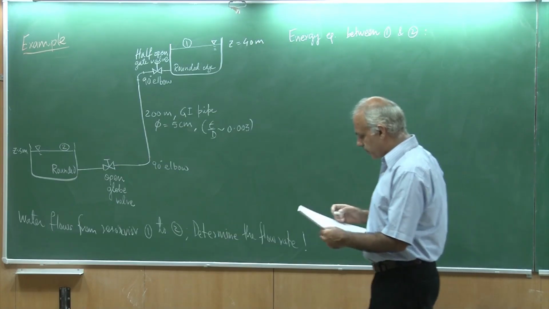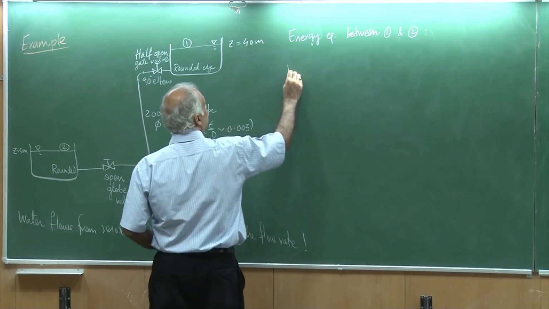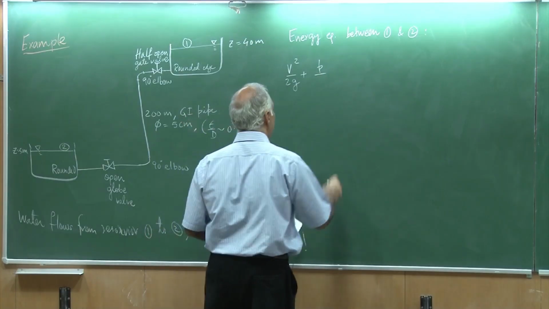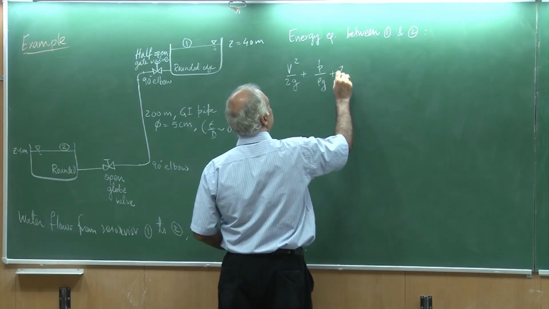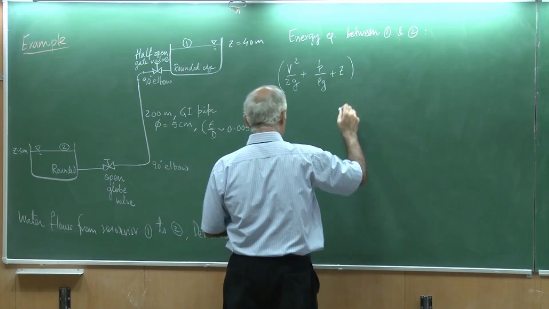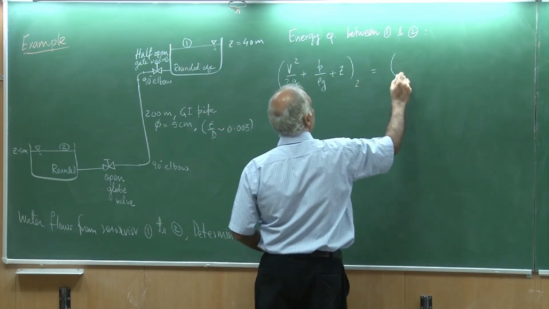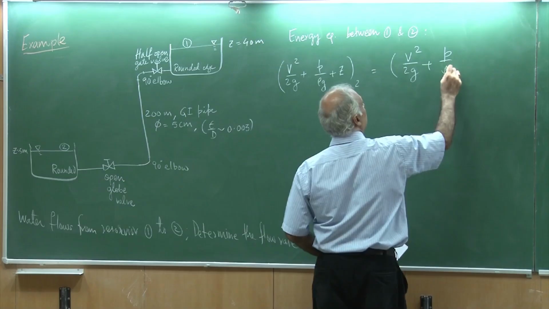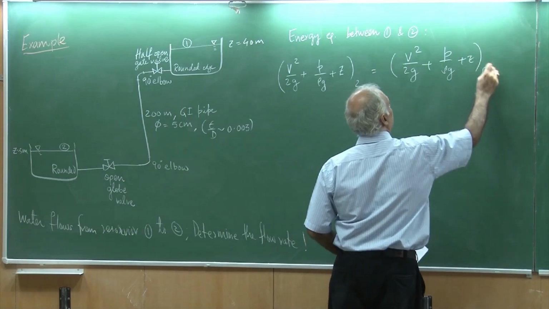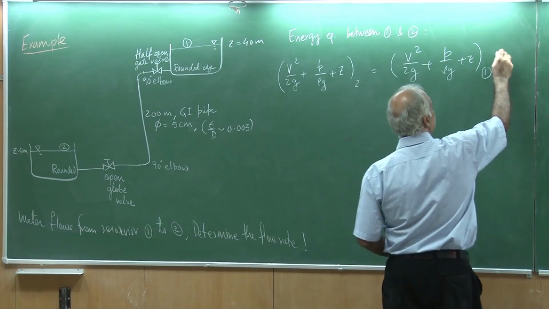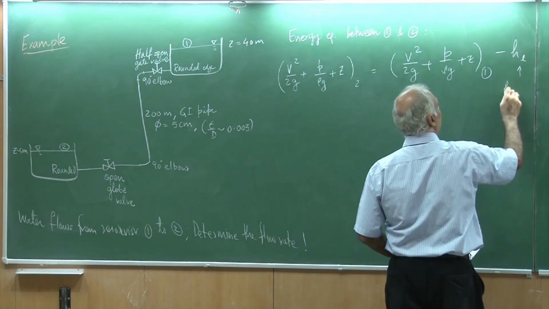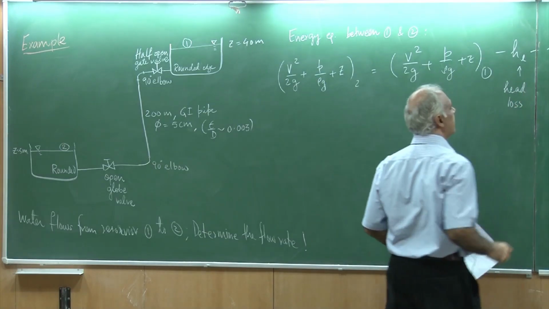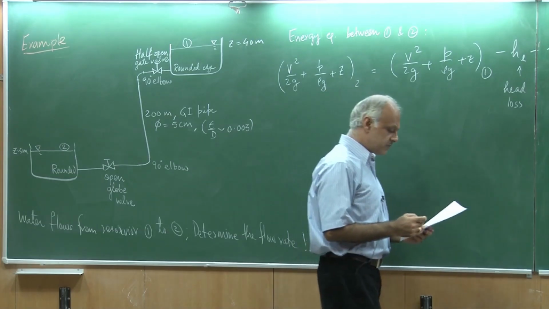Okay, so if I apply the energy equation, then I would see V square over 2g plus P over rho g plus z at station 2 should be equal to the inlet, which is V square by 2g plus P over rho g plus z at 1, and then minus HL, which is the head loss term, and minus HS, which is actually the head because of shaft work.